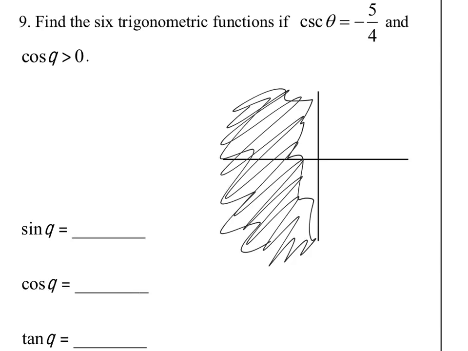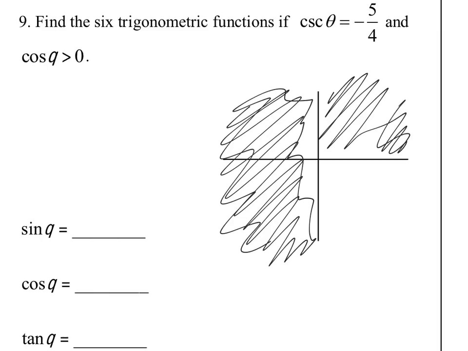Well, since our cosecant of theta is negative, we know that we're going to have to be in quadrant 4, because in quadrant 1, everything is positive. So we're also not using quadrant 1. So we know that our triangle now is going to be in quadrant 4. So we just need to determine which values are which.